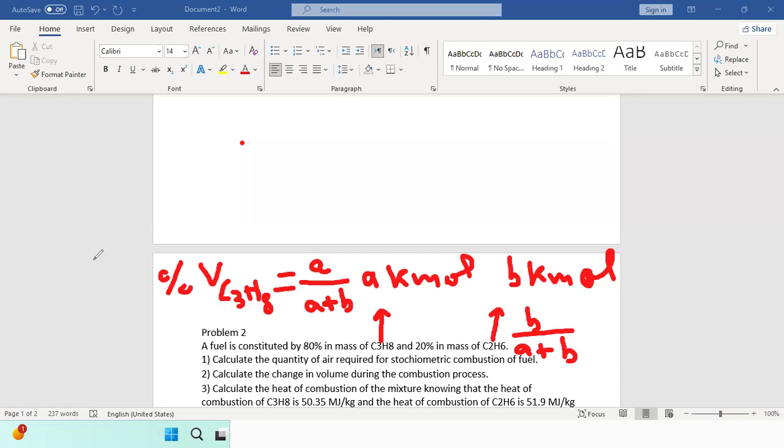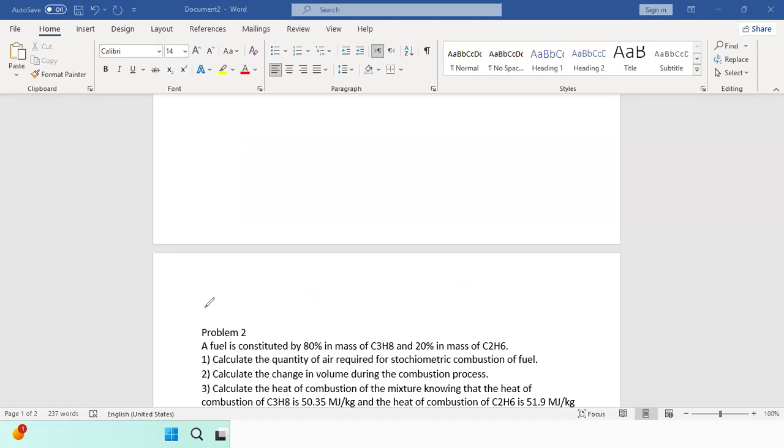When they give you the percentage in mass, this means what? This means that if I have 80% in mass of C3H8, if I have 1 kilogram of fuel, I can do the analysis. If they didn't give me what is the mass, I can do the analysis per unit mass. So I consider 1 kilogram of mixture, okay?